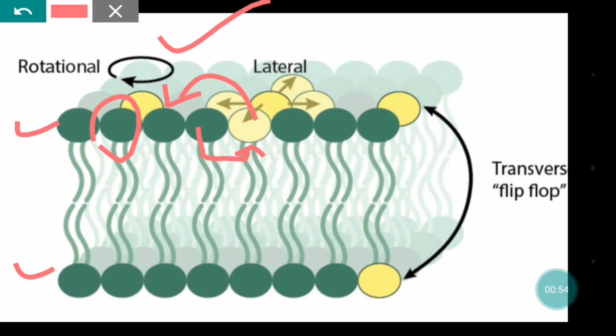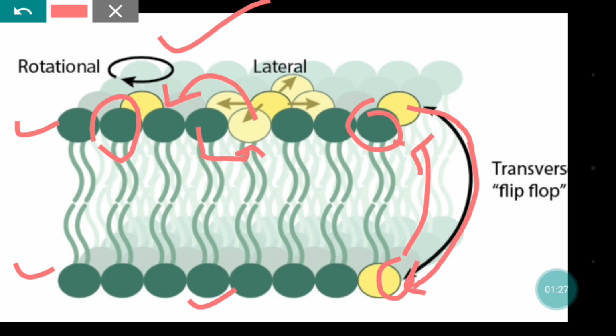And very rarely it can show flip-flop or transverse movement, that is from one layer to another layer. In rare cases it may show this kind of movement, where this phospholipid can come to this position and this can move to this position. So these are the movements shown by the lipid molecules in the plasma membrane.